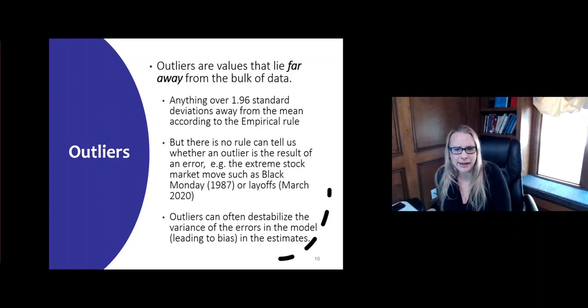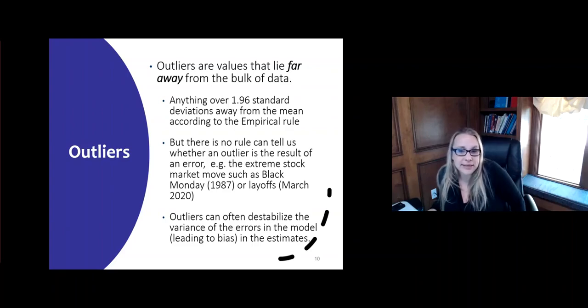However, depending on the application and the size of your data set, it can be common to use 2 standard deviations as your benchmark, or 3 standard deviations, and if you have a really large data set, it can even be acceptable to use 4 standard deviations about the mean. But 2 is pretty common because 1.96 standard deviations is a very precise number, and 2 is just a lot easier to use in calculations.